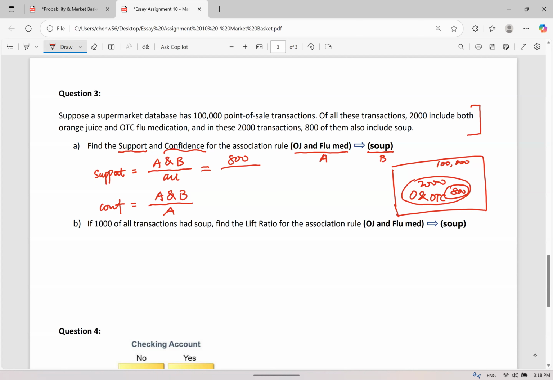So the support would be 800 out of all the transactions, right? So what is the number of all transactions? It would be totally 100,000, right?